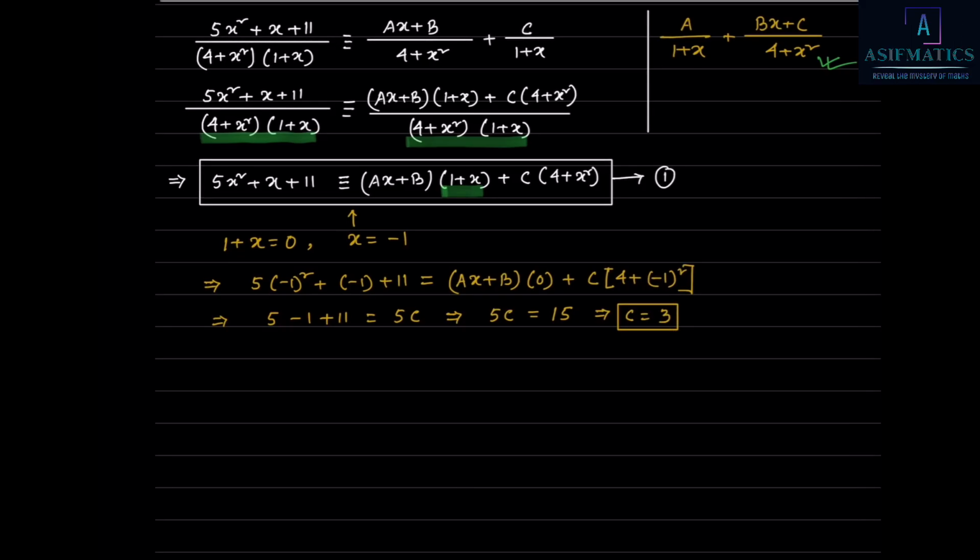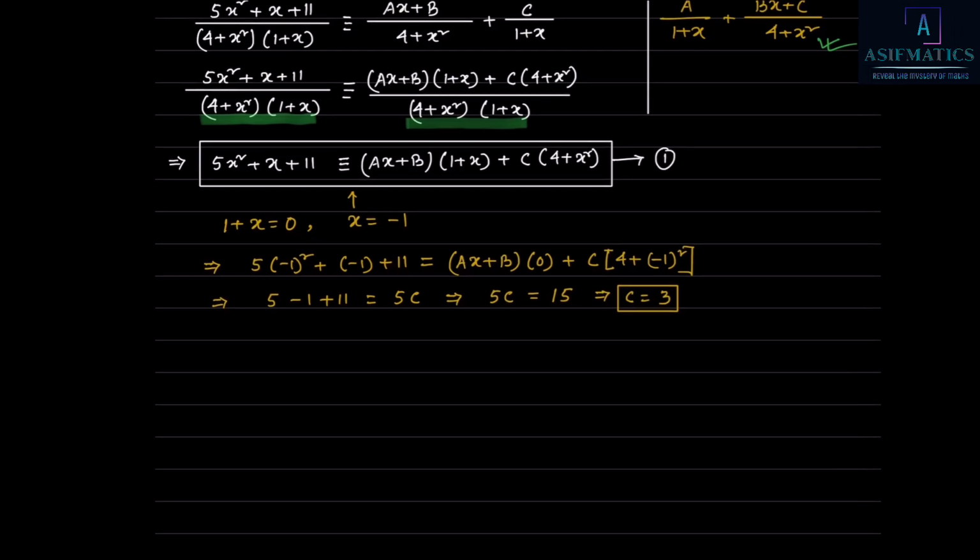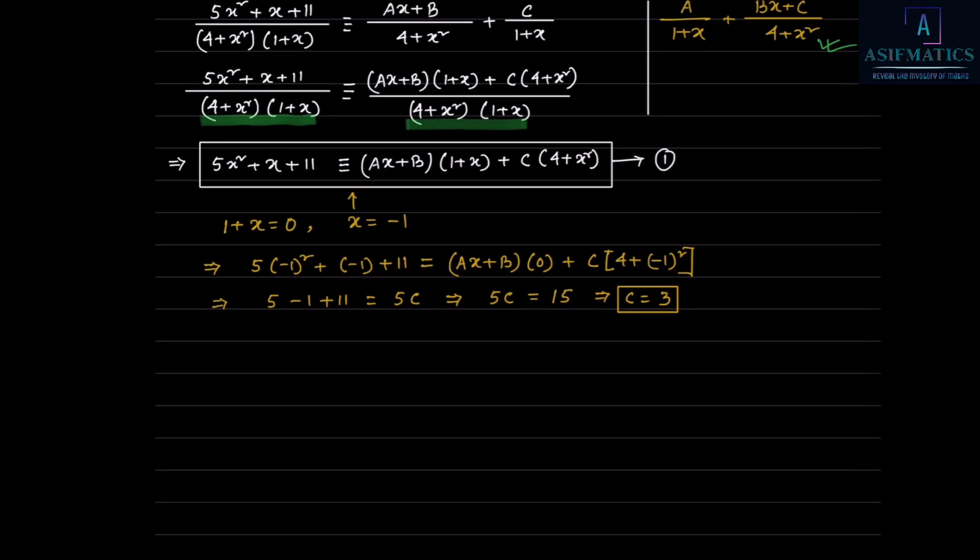So we already got the c value. Now our next target is to find the a and b values. To find the a and b values for the quadratic case, as I already told you in my previous video, we need to take two new values of x.